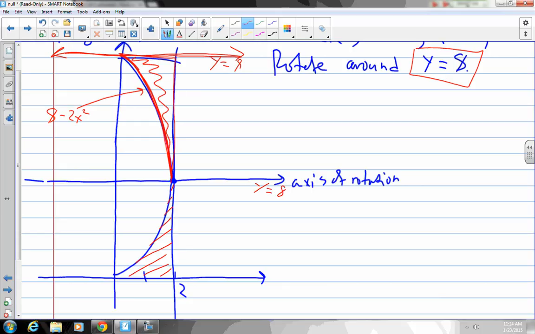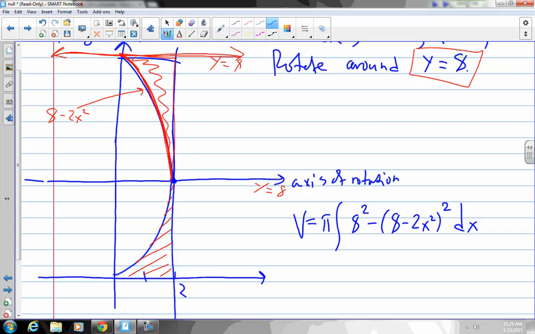Did you like that? It's fun to think about. But this way, we'll just set it up as the volume is pi times the outer radius, which is just 8 squared, right? Radius squared, minus the inner radius, which is 8 minus 2x squared, squared, dx, right? We're squaring the radii.